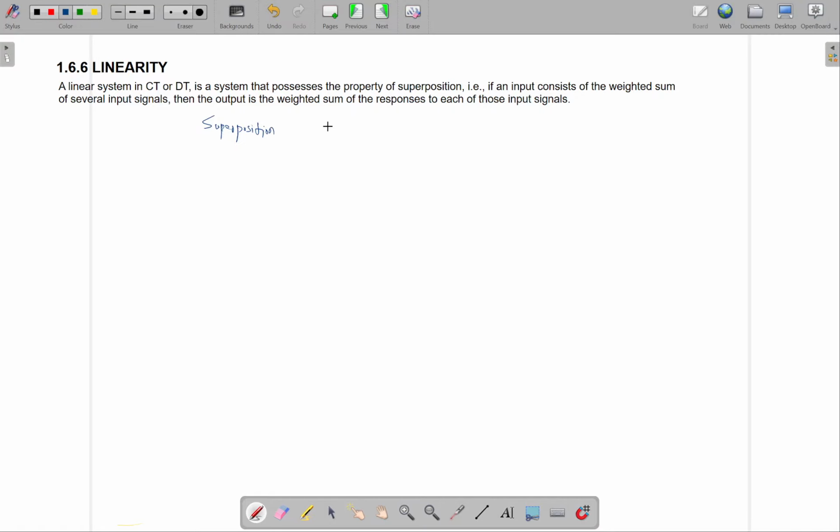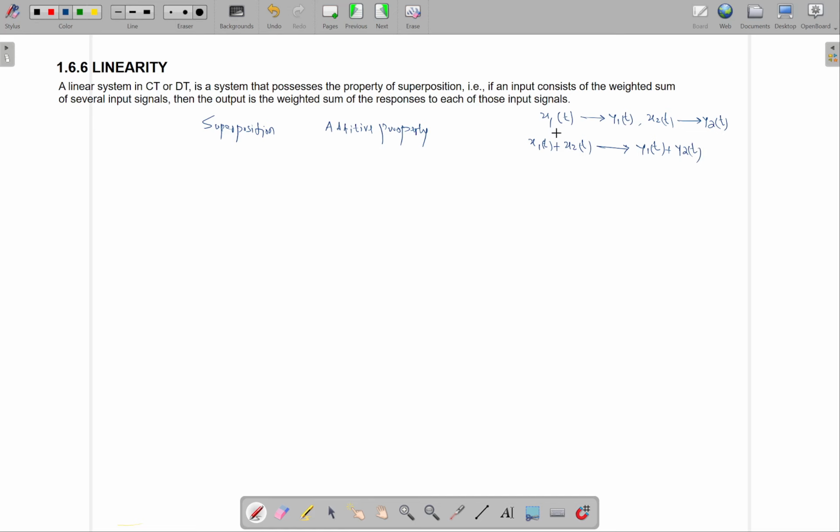One of the properties in a superposition is the additive property, which is that if I have an input, irrespective of whether it's a continuous time or discrete time domain, x1t and the output is y1t, and if I have another input x2t and the output of the system is y2t, then the additive property says that if I add the inputs x1t plus x2t, then if a system is linear, the output of the system is going to be simply y1t plus y2t.